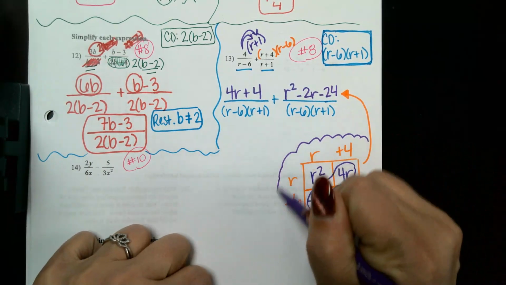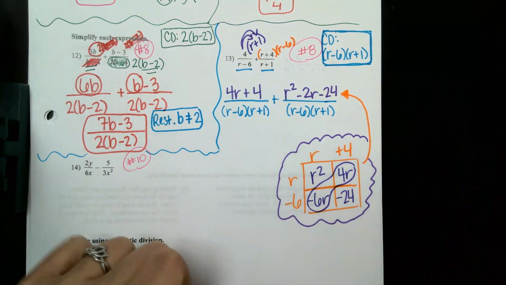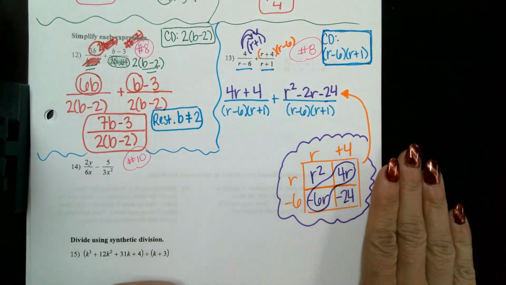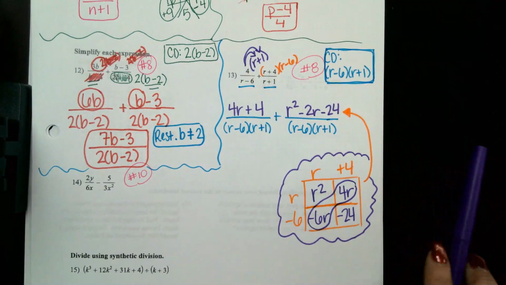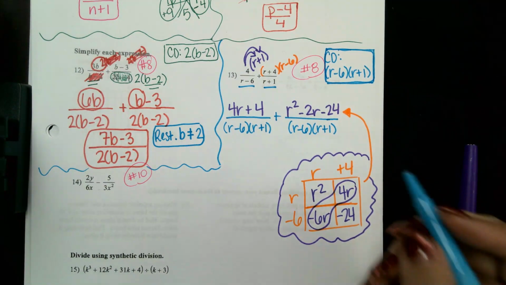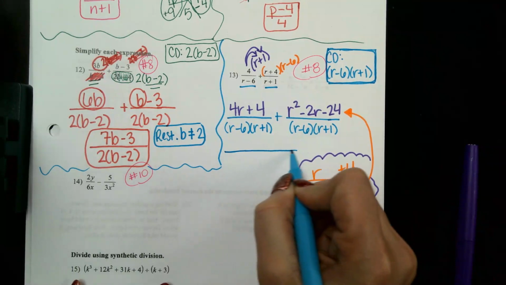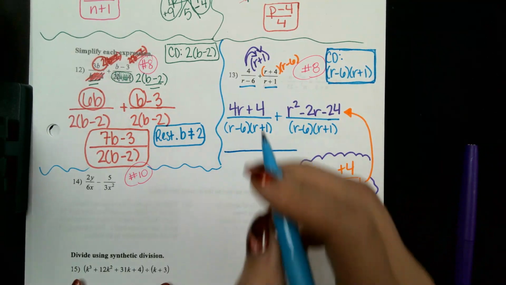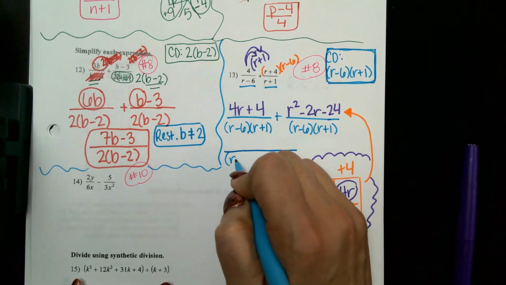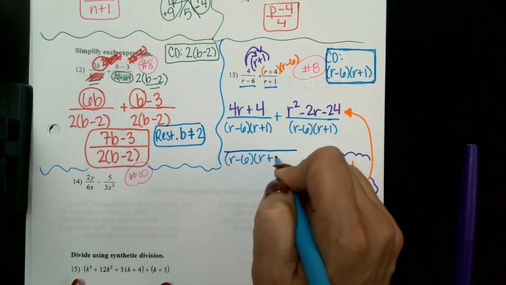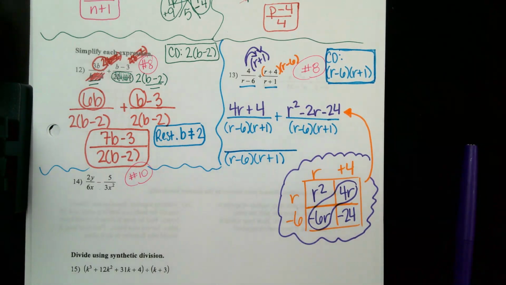Okay, so that box is just extra work. We're not going to need that anymore. We're just going to now go to our final answer. We're going to have one fraction with this as our denominator. And we just have to combine this stuff up top.